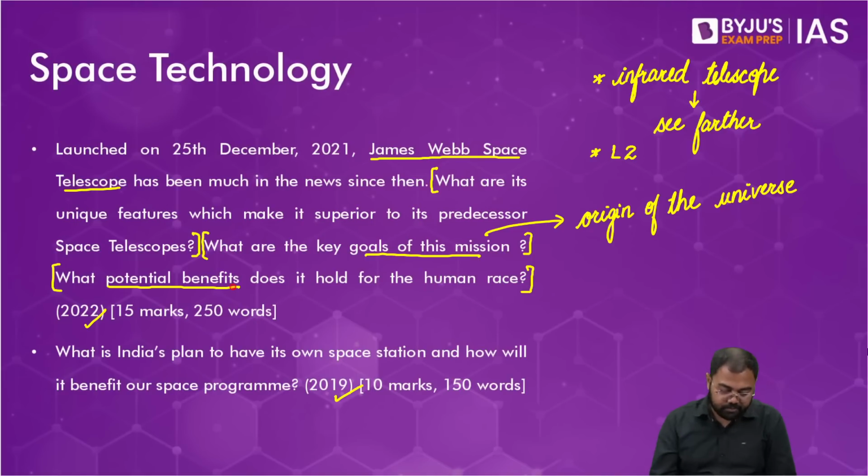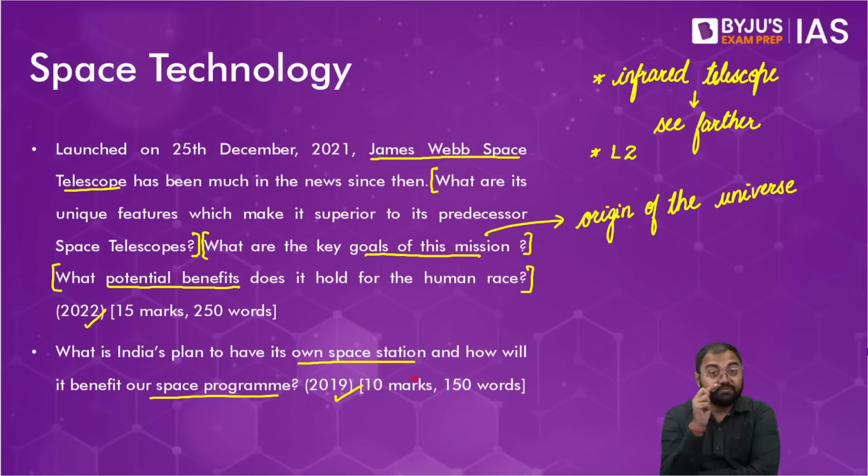Then the next question, if you see, is: what is India's plan to have its own space station, and how will it benefit our space program? This is something that was in the news in 2018, because in 2018 there was some news flying around that India might join the International Space Station.